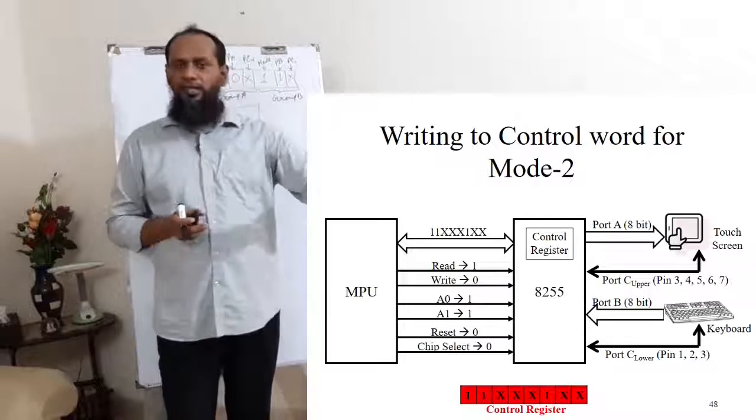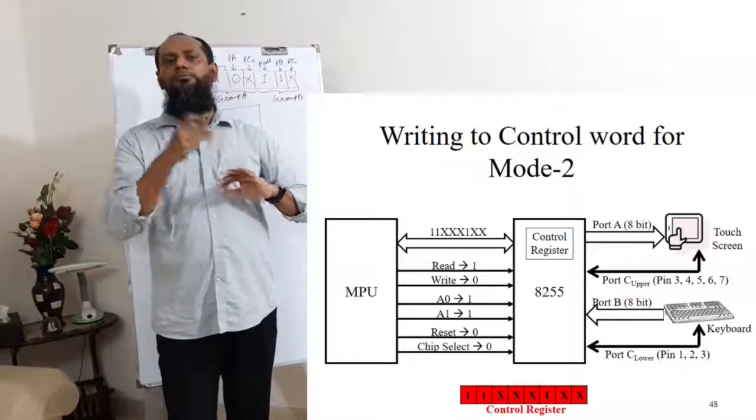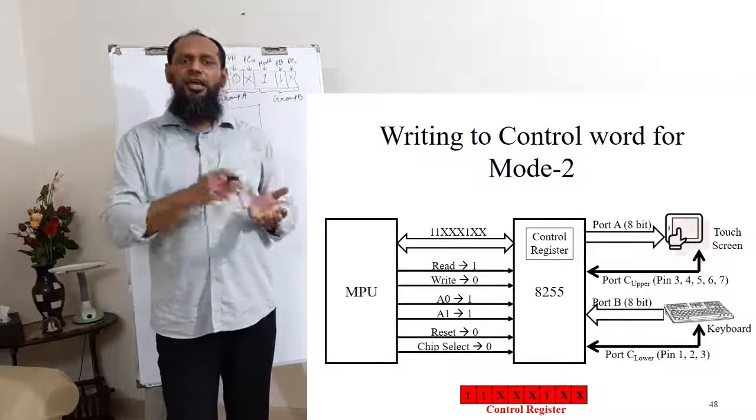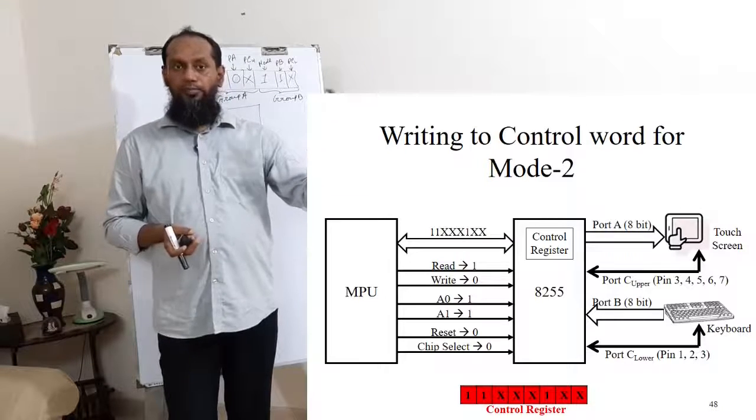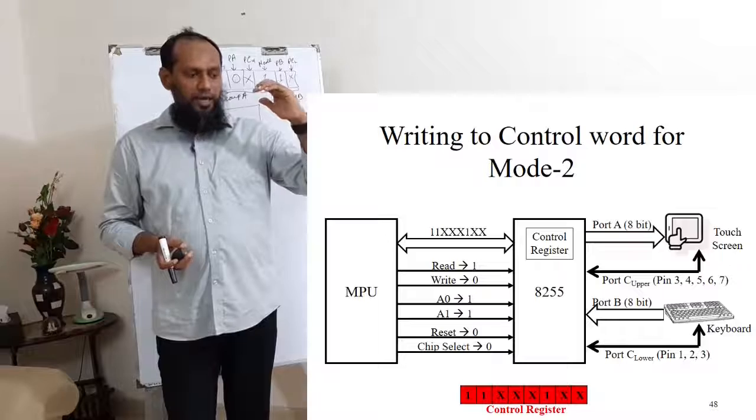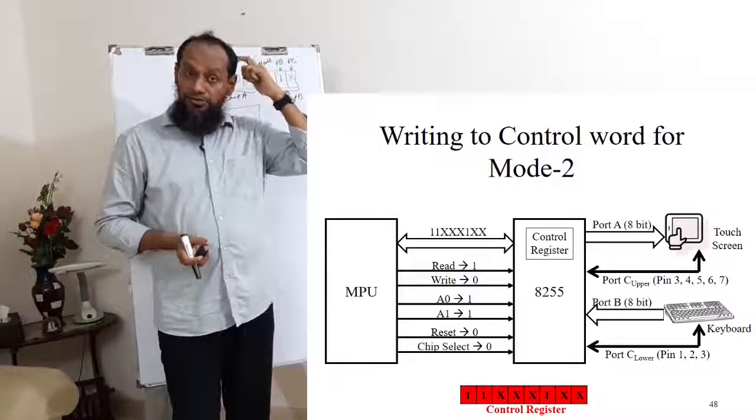But for port B, the same 3 pins are used for both in and out, 0, 1, 2. But for port A, different pins are used for this.